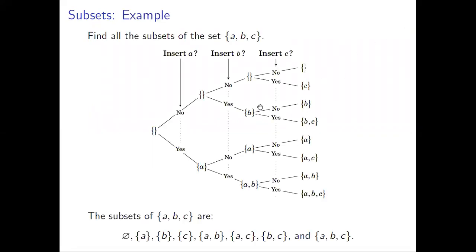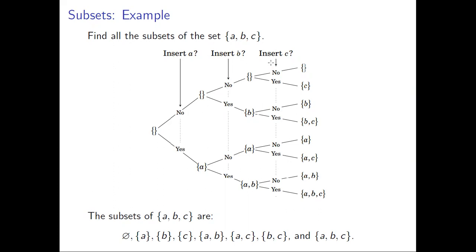Now, it's suggested by the tree because the idea is that each time you add another possible element to the subsets, the size of the tree doubles, right? You start off with inserting A or not, so you have 2 options. Then when you have a choice to insert B or not, the number of possibilities doubles from 2 to 4.